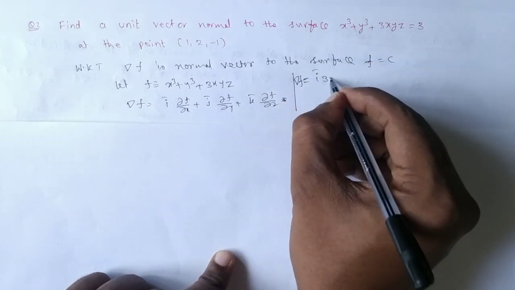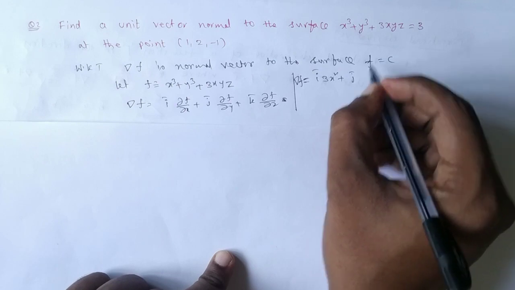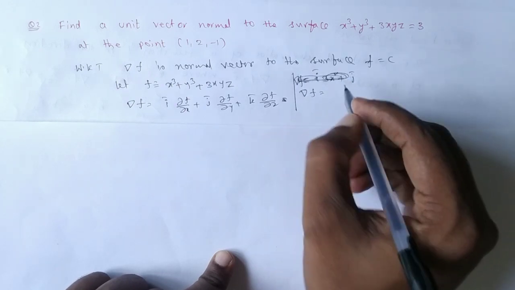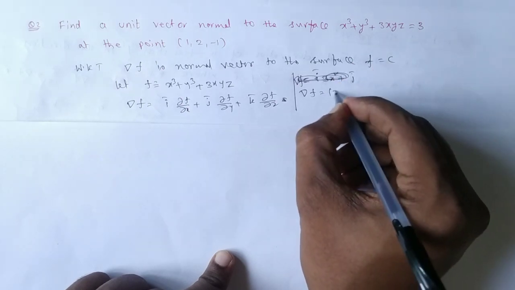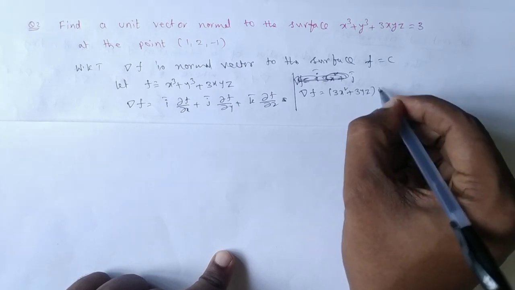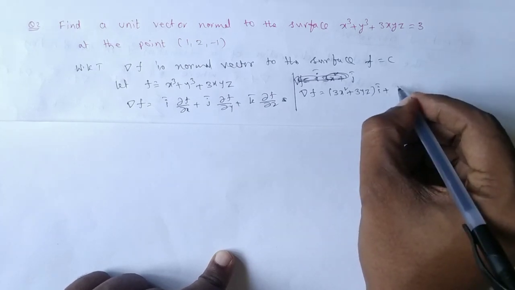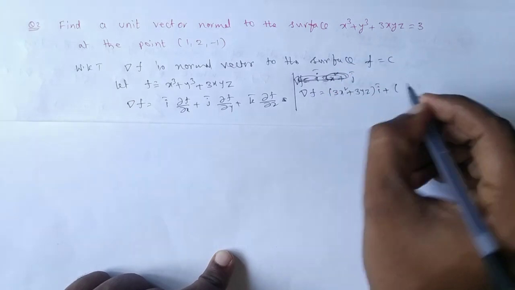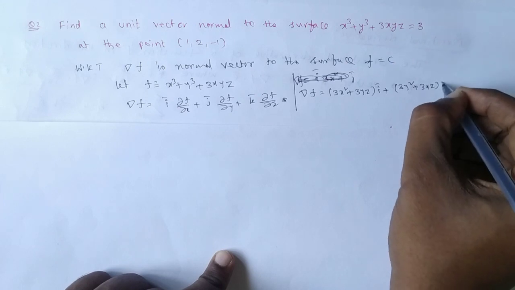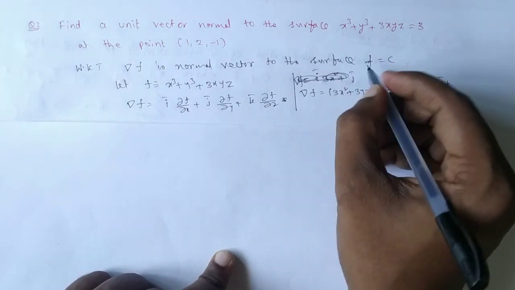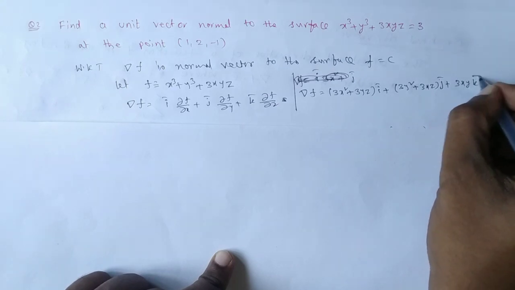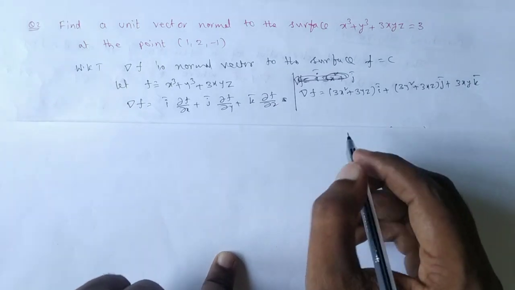Taking the derivative with respect to x, it is 3x square plus 3yz, multiplied by i bar, plus the next one, differentiation with respect to y, dou f by dou y, which means 3y square plus 3xz into j bar, plus differentiation with respect to z, it becomes 3xy into k bar. This is the normal vector at any point.